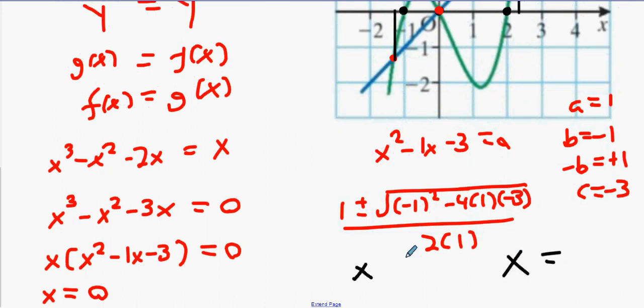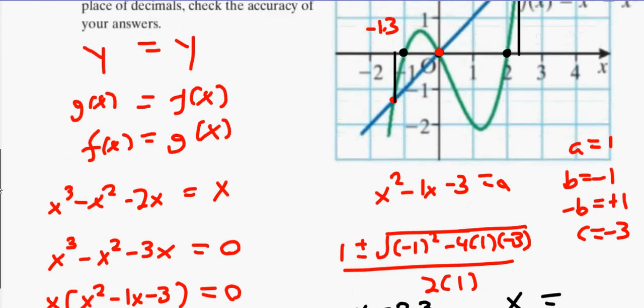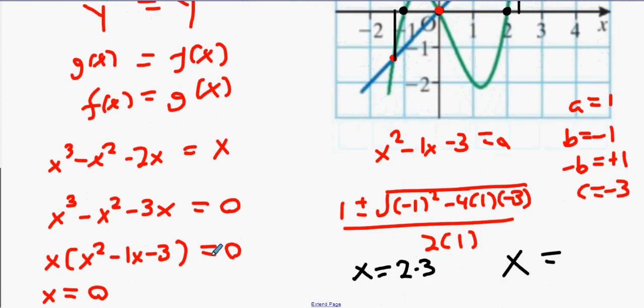Come on, come on, come on. In decimal. Ah, 2.3. The other one. Champion.